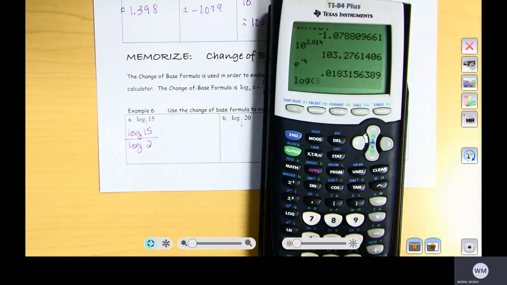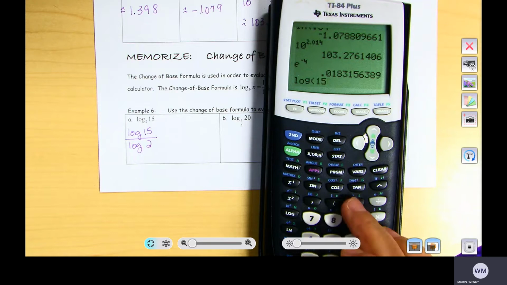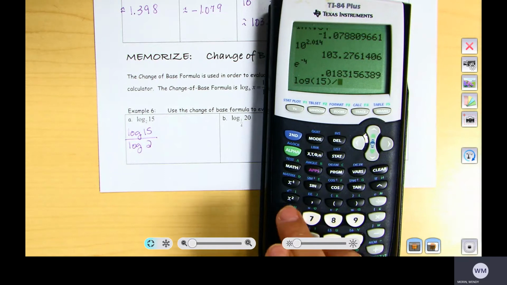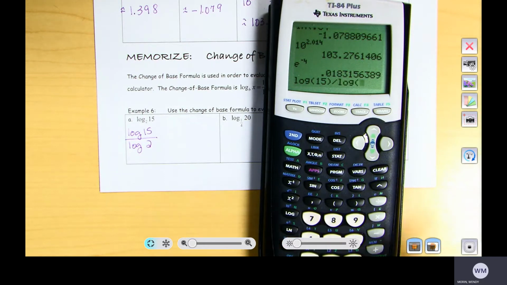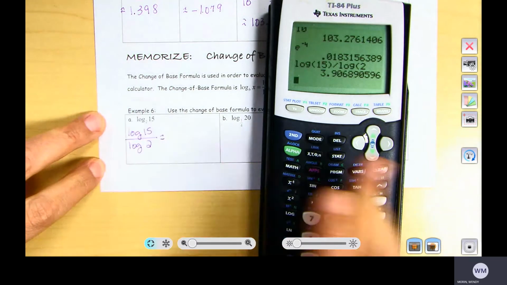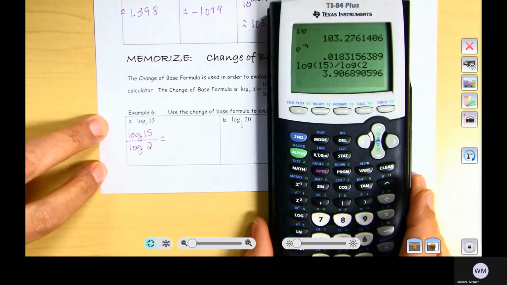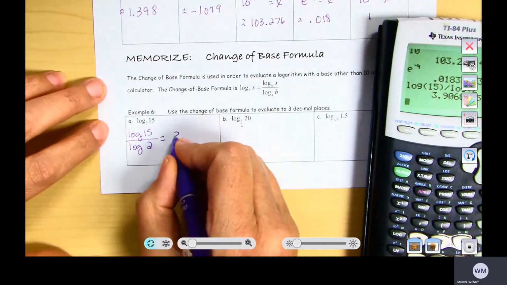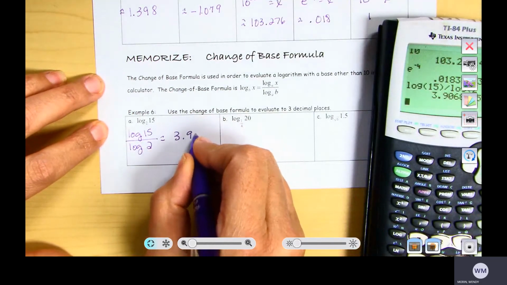The log, now be careful if you're not going to use your fraction button. You need to put an end parenthesis here before you hit divided by, otherwise you're going to get the wrong answer. Otherwise, make sure you use your fraction. Divided by the log of 2. So if I round to 3 decimal places, that's going to give me approximately 3.907.